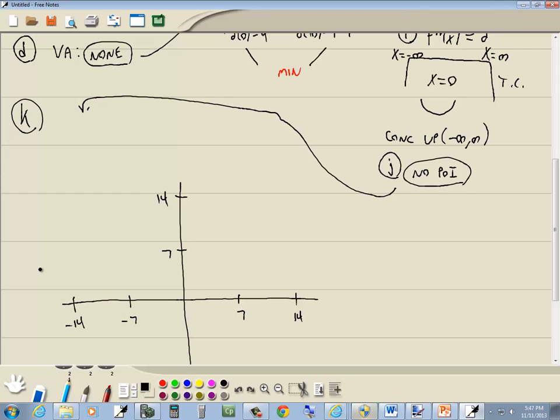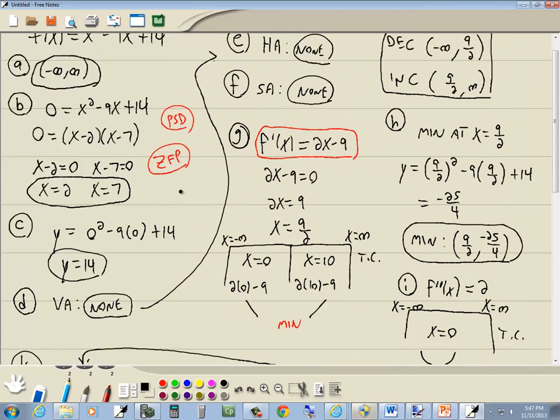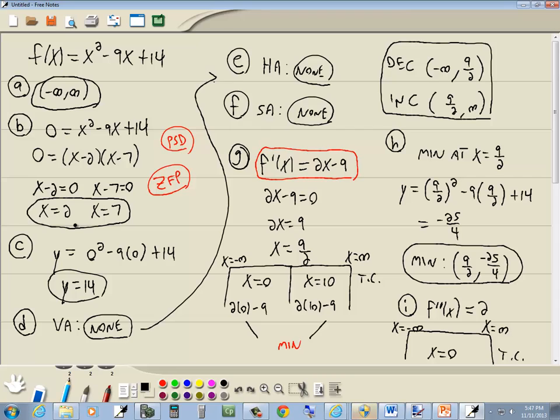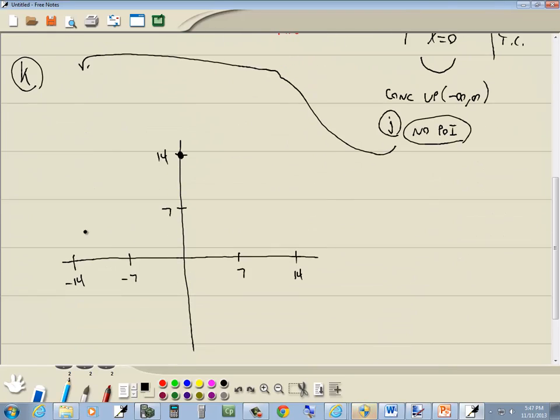Okay, our y-intercept is at 14, we said. So it's right there. We said that our x-intercepts are 2 and 7. Here's 7. And 2, halfway would be there. I don't know, 2's maybe about right here, if I had to guess.